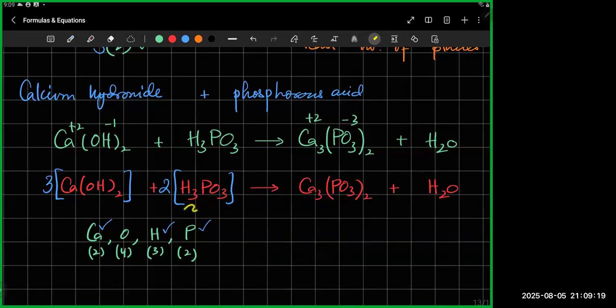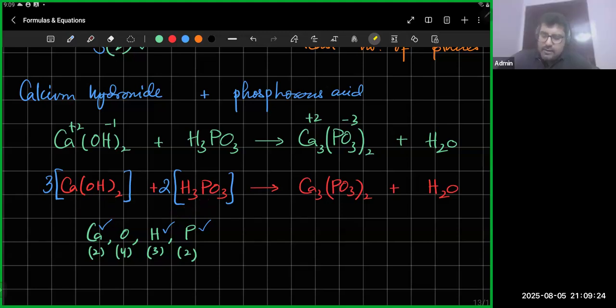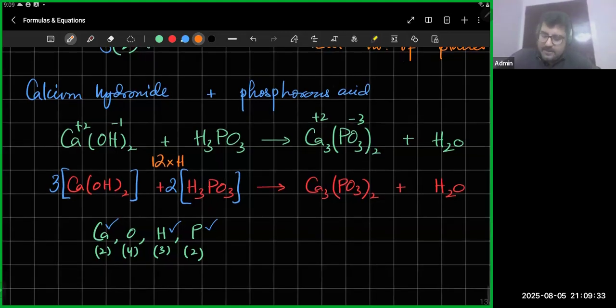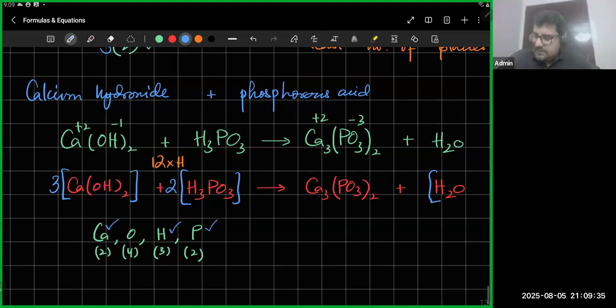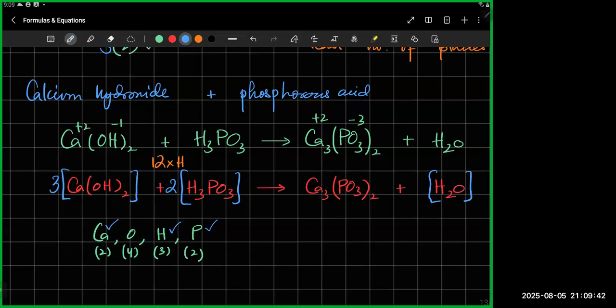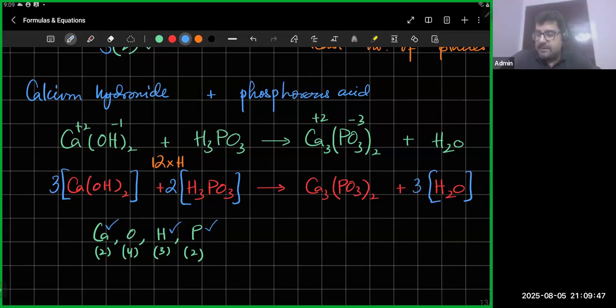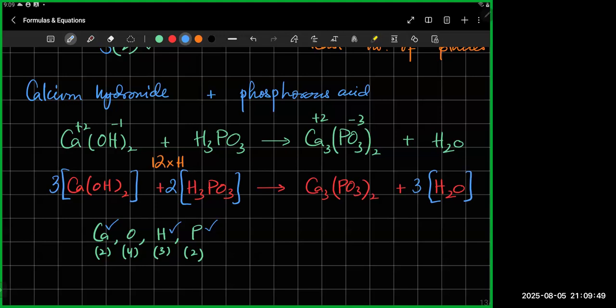Yes. So you've got six H's over here, six H's over here. In total you've got 12 H's, right? So अब बताओ कि what do I multiply this with? 12 H's चाहिए. If I multiply it with 3, I'm going to get 6 H's. Sir, तो six. 6 से करेंगे. Because I need 12, right?